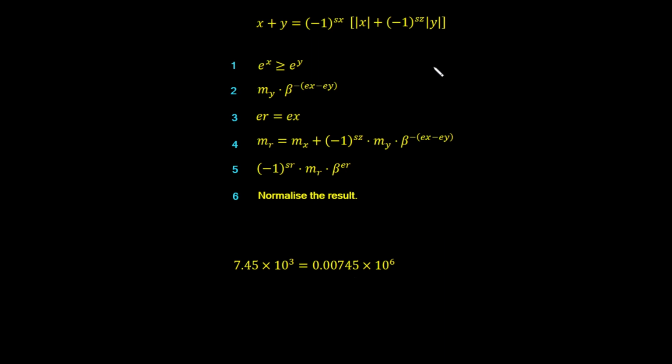But we've still got a bit more to cover in order for this to adhere to the IEEE 754 standards. We're going to have to look at subnormal numbers, we're going to have to look at special values, and we're going to have to look at rounding. But this is enough of the mathematics and enough of an algorithm to allow us to get started.